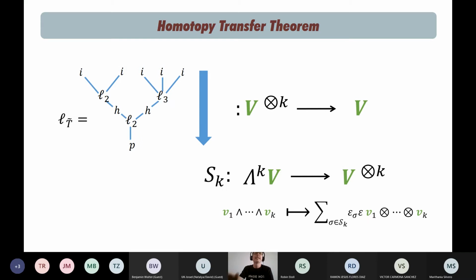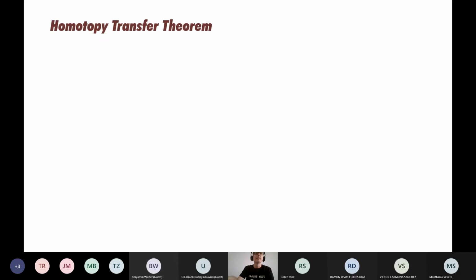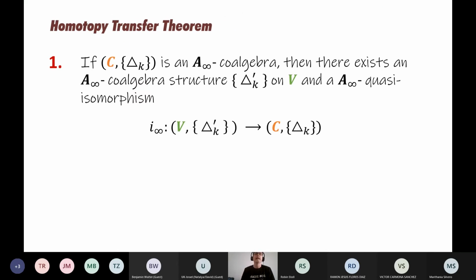Well, then we have what is called the homotopy transfer theorem. The homotopy transfer theorem says that if we have an infinity coalgebra, then we have a contraction, then there exists an infinity coalgebra structure on V and an infinity quasi-isomorphism between both infinity coalgebras, such that the first of these infinity structures in V is just the differential, and the first of this family of maps is just the quasi-isomorphism of complexes.